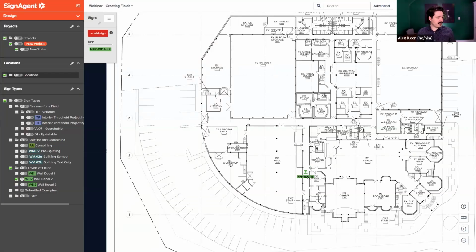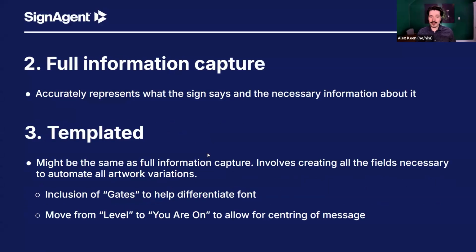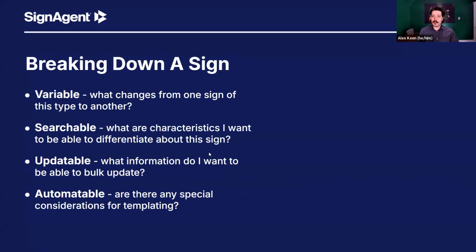So, in summary, to just wrap up really quickly here, when we look at a specific sign type, what we want to think about is what changes from one sign to the other, what we want to be able to find later, what we then want to be able to update easily later, and finally, if we are doing templated artwork, what we want to be able to make that artwork happen.